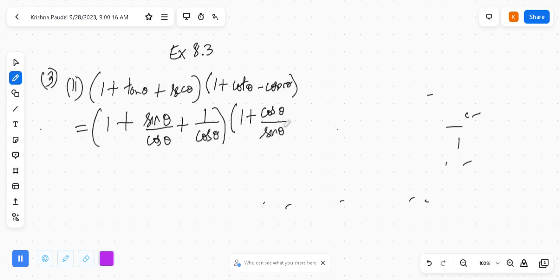In every sum, whenever the ratios are there, if square is not there, if square is there, then we'll think about the identity. And cosec is there, we will write it as 1 by sine theta.